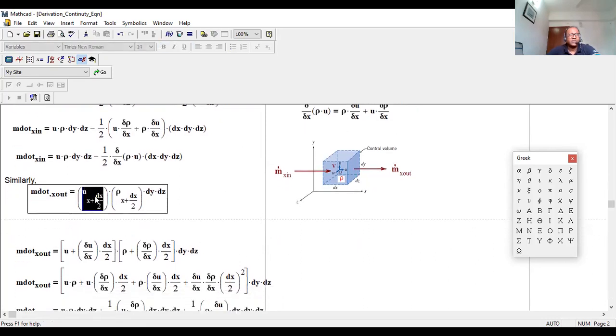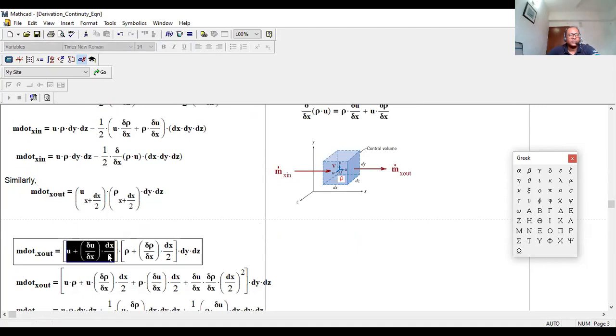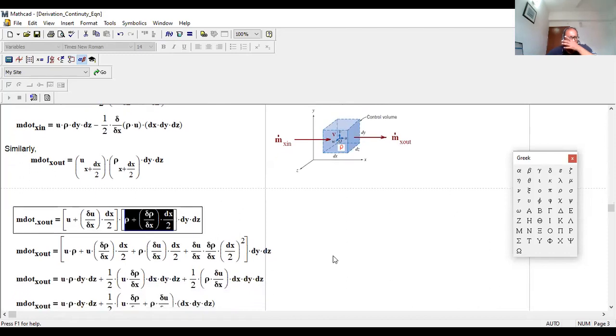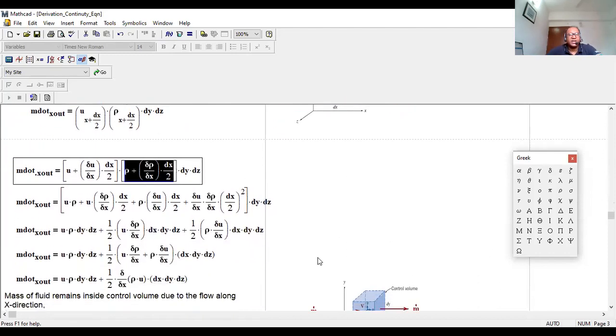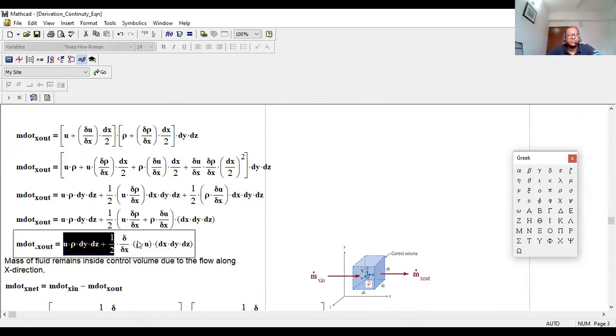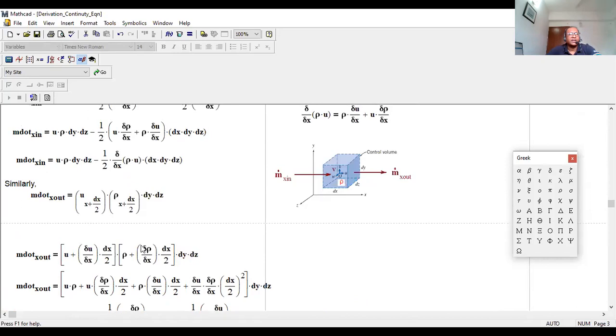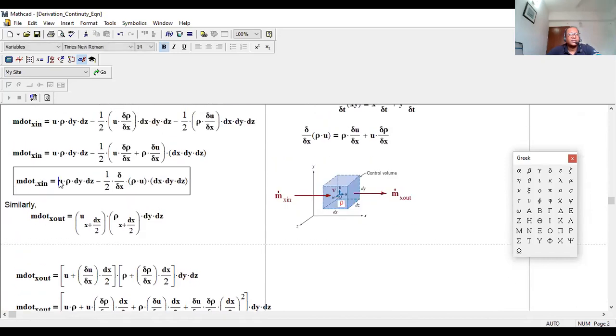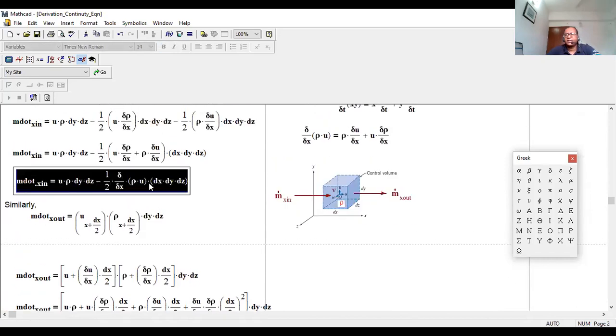Similarly, you put all these values, equal to what we already figured out, and the density on the right side, this mass, and this is the area. So similarly, you multiply and rearrange, then you will get just this term. This is your m dot out, and this is our m dot in.